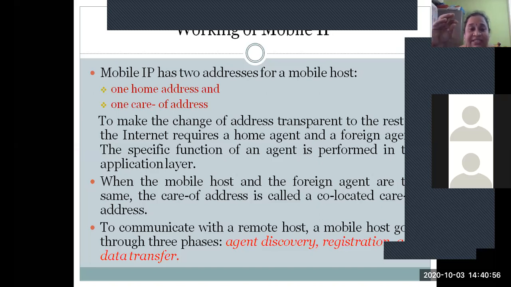Any host which initiates a call or messages with partners has to undergo three phases.